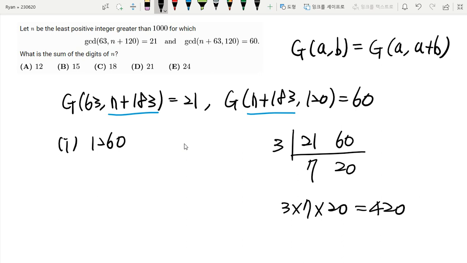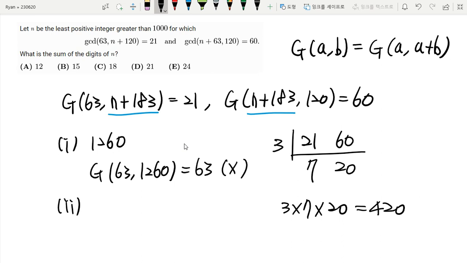And if we use this number, in this case, the GCF between 63 and 1,260 is 63 instead of 21. So this is not the case we want. And what's the next multiple of 420 after 1,260?